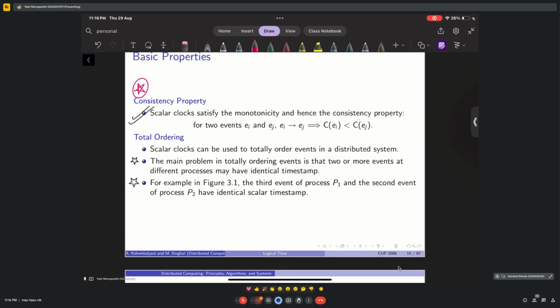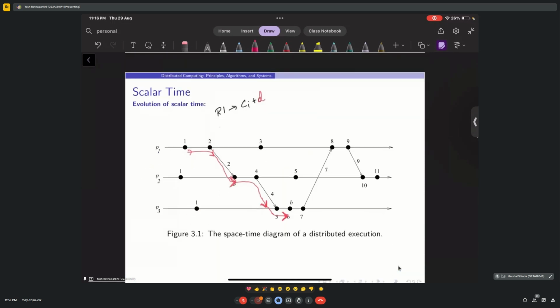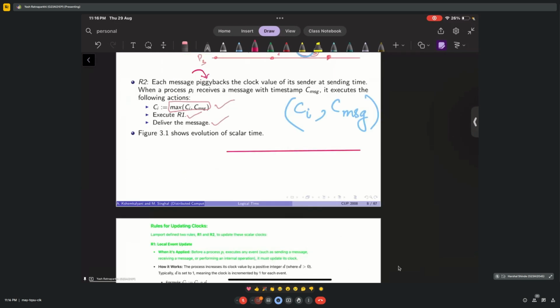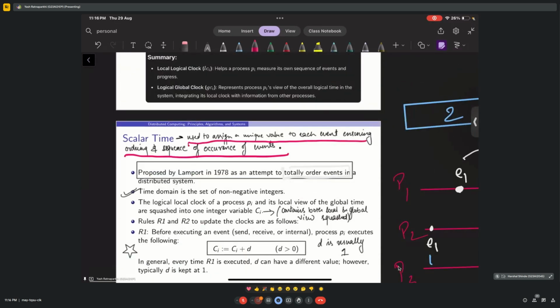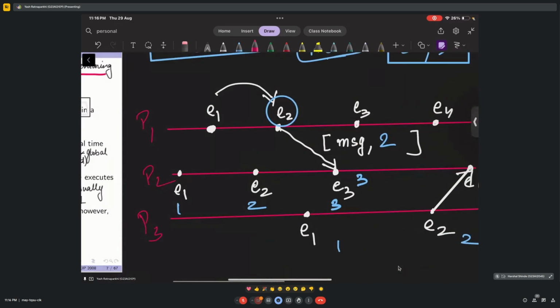The main problem in totally ordering events is that two or more events may have happened with the same identical timestamp. You might have missed this, but I'll say it again. In the graph that I drew here, this event E2 has time 2 and this event E2 also has time 2. If both occur at the same time, to whom should I give the priority?